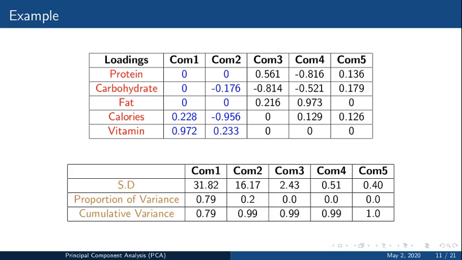The proportion of variance, you see 79% of the variance is captured by the first component, and 20% is captured by the second component, and the third, fourth and fifth components are capturing very little variance. So the cumulative variance also you can see 0.79, 0.99, 0.99, etc.